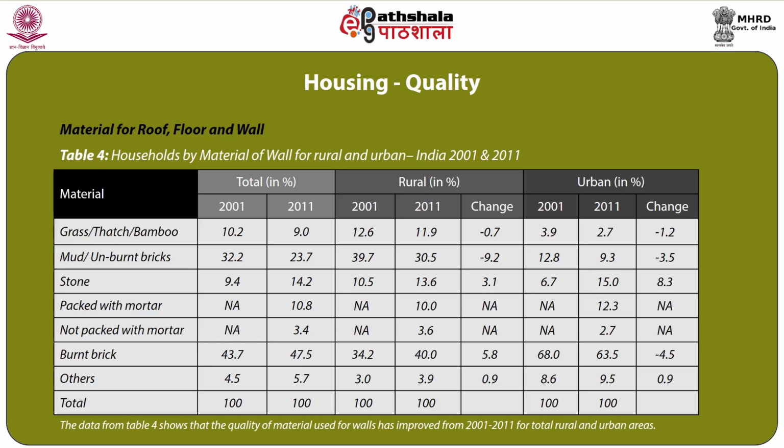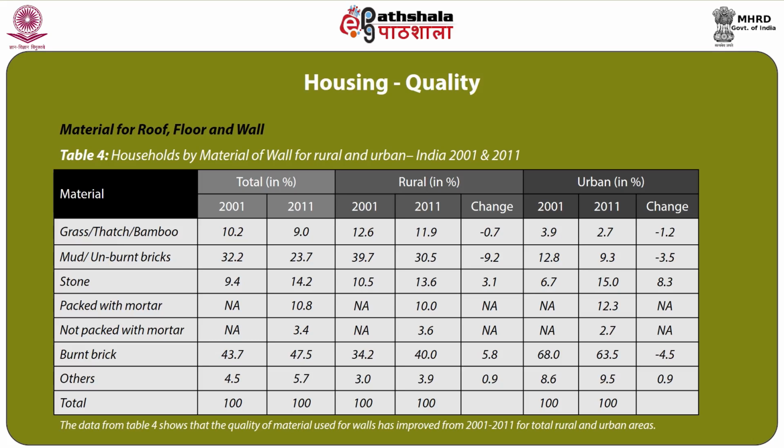The houses having burned brick as wall material have also shown an increase from 43.7% to 47.5%. Among the rural areas, the households showed variation mainly in mud or unburned bricks, where there is a negative 9.2% change, and the increase in burned bricks is from 5.8%.